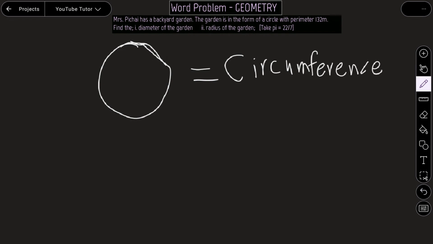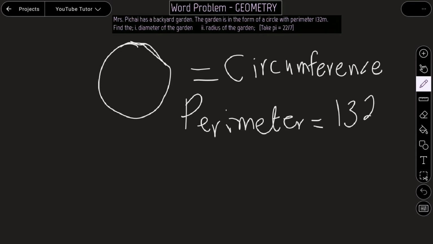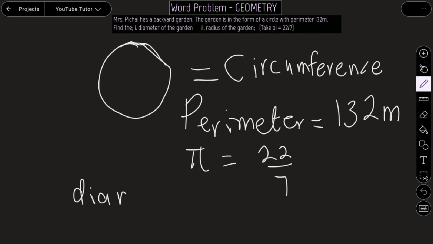That's what they've given to us as perimeter here, 132 meters. So the parameters we have: perimeter, which is 132. They give us pi to be 22 on 7. What we have to find is diameter and radius.